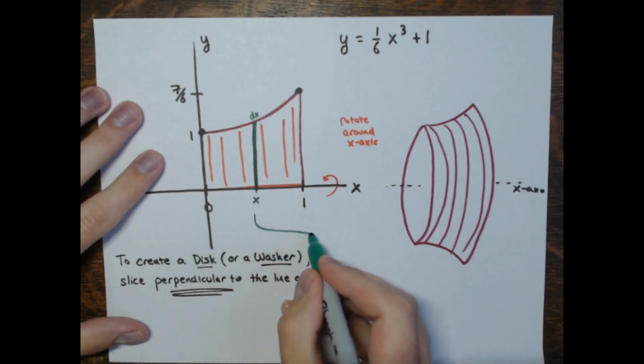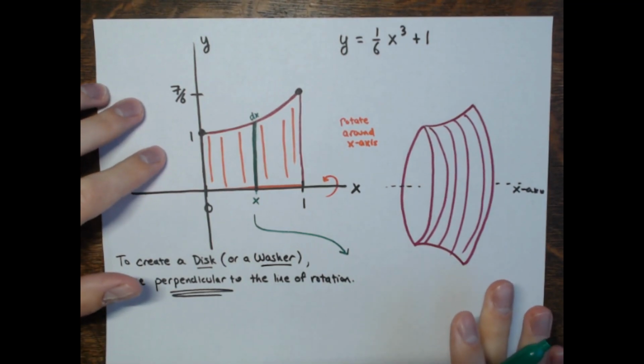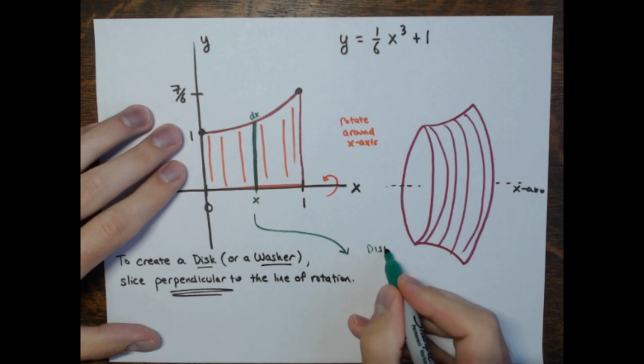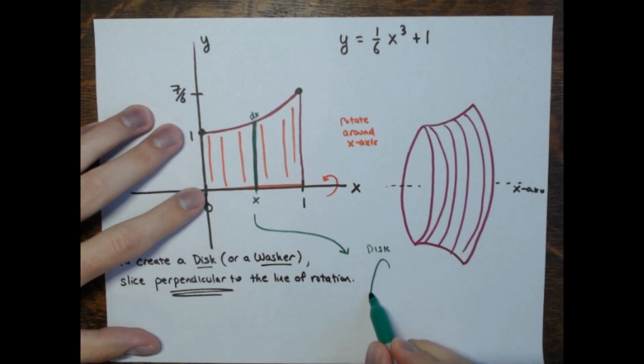Now, if I rotate the slice around the x-axis, we create, again, what they're calling a disk. It's just going to be some thin little disk here with a circular face. Disks and washers basically have circular faces.